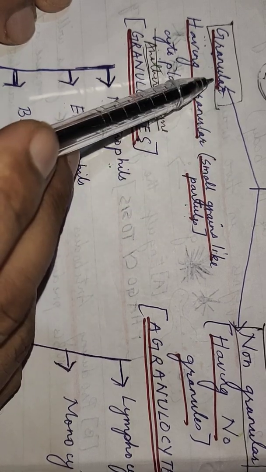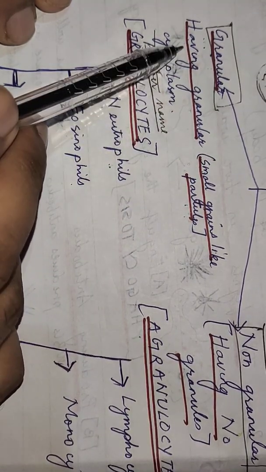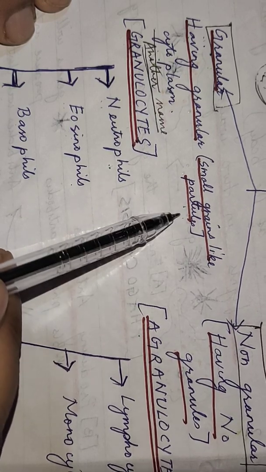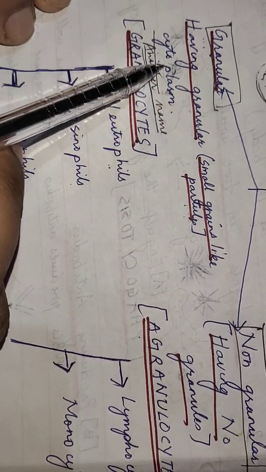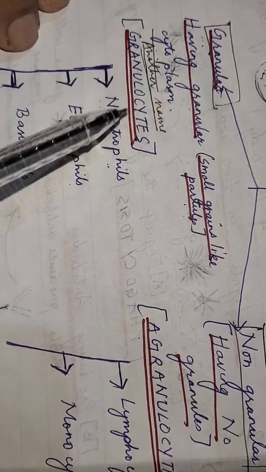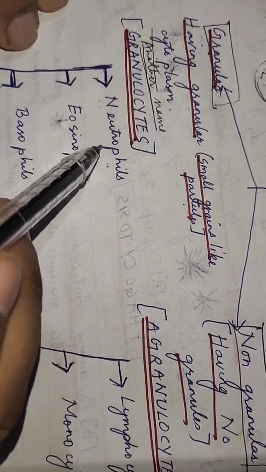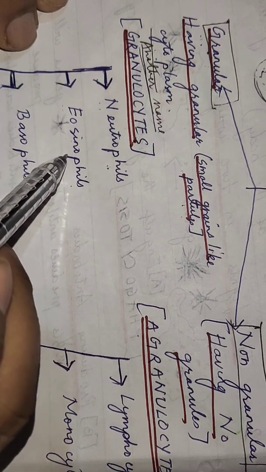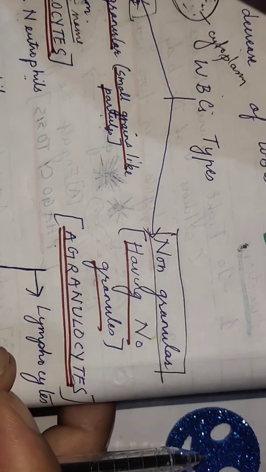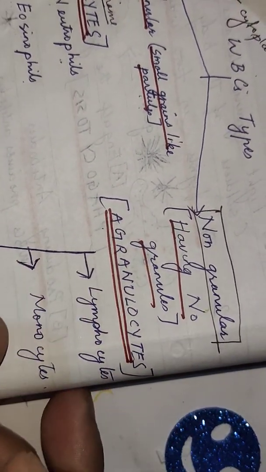Alright, so one type is known as granular, having granular cytoplasm. Another name for granular will be granulocytes. They are of three types: neutrophils, eosinophils, and basophils.